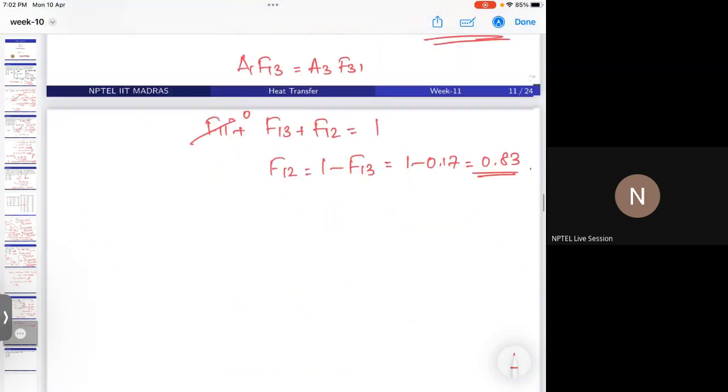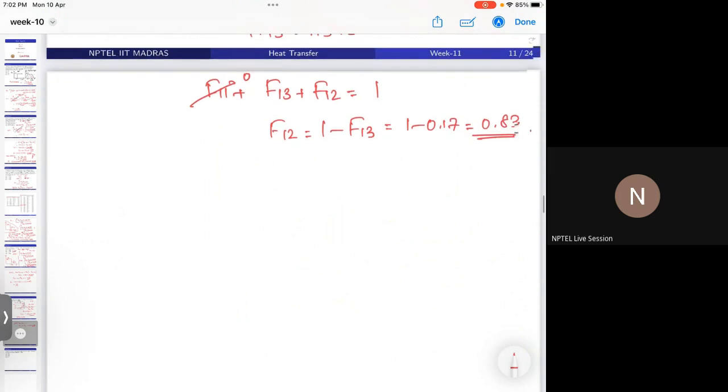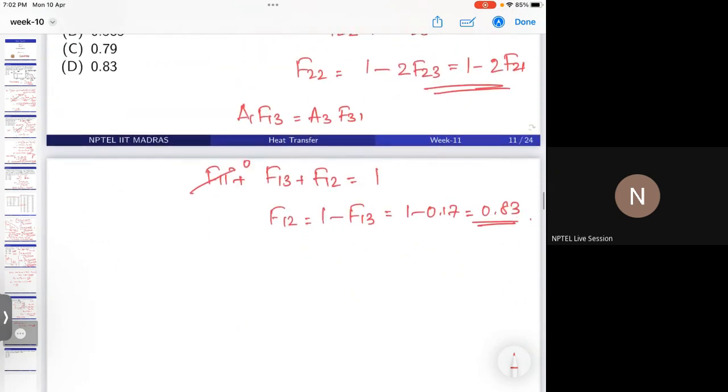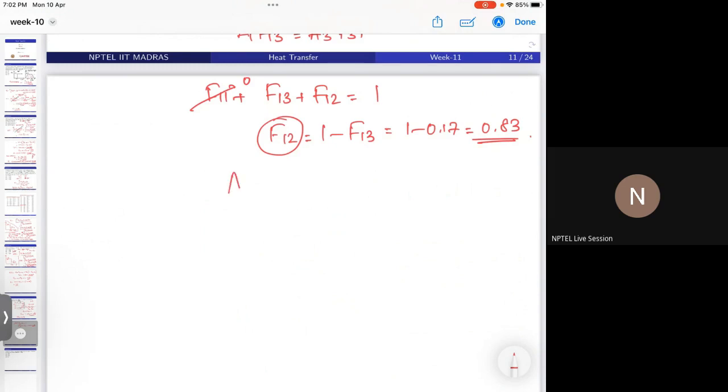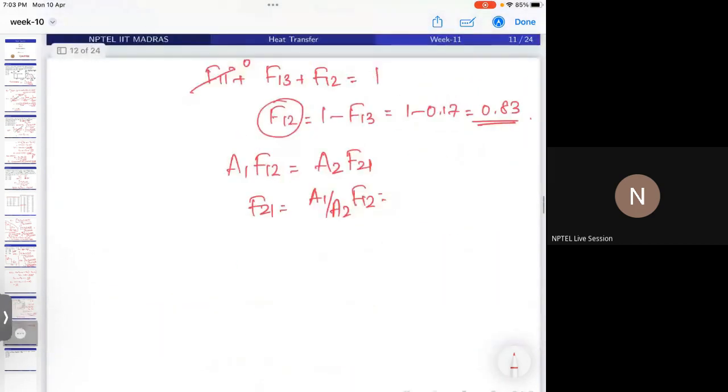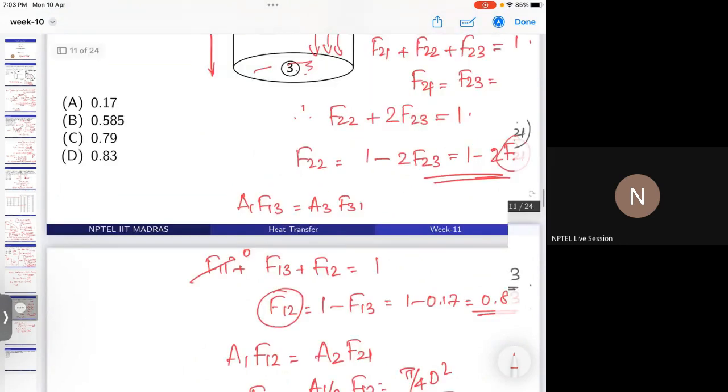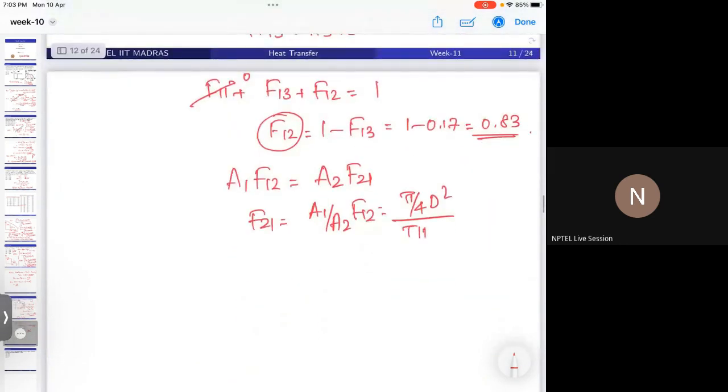Okay, so now we got F12. If F12 is given, we can easily find F21, because by the reciprocity theorem A1 F12 is equal to A2 F21. So F21 is equal to A1 by A2 times F12. What is A1? That is pi by 4 d square. What is A2? Pi d times h, the height, into F12 which is 0.83.